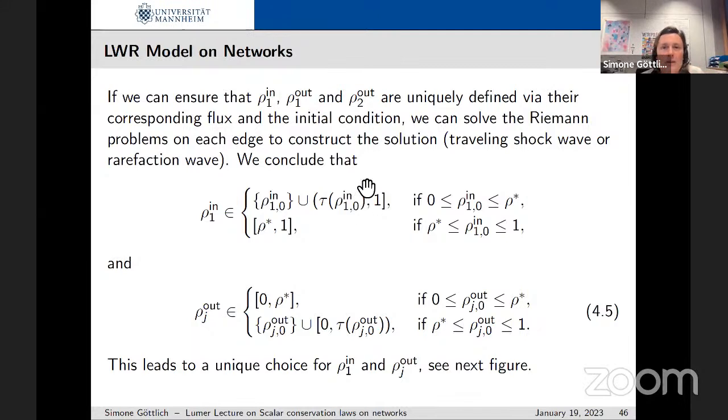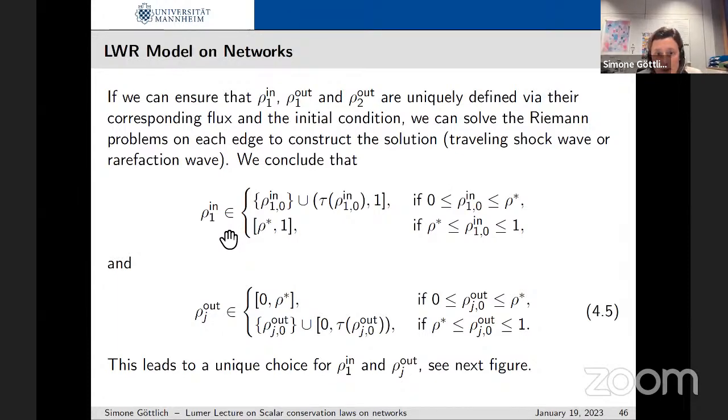So we can construct the solution on each of these arcs we have in mind. As I told you, for the connection of roads, we have to determine new values for rho for ingoing and outgoing roads, which is somehow a coupled boundary value problem.